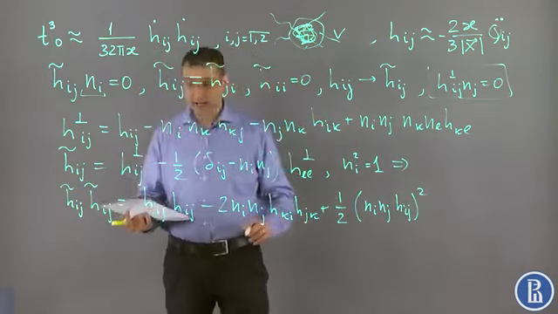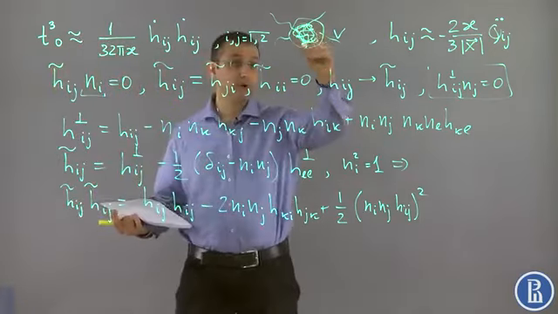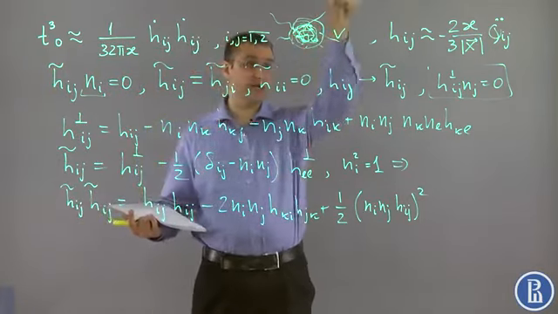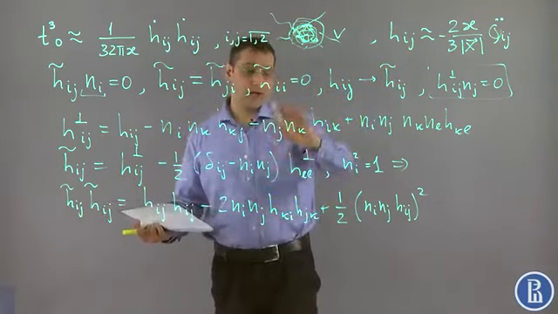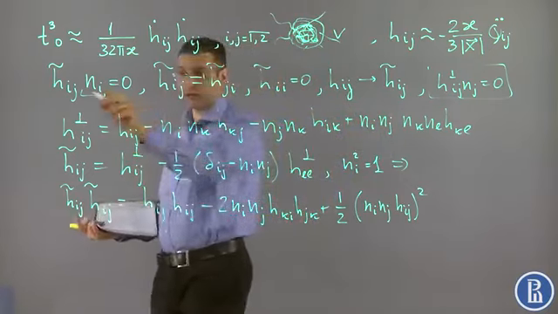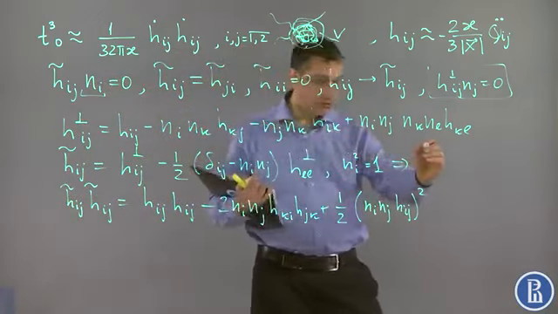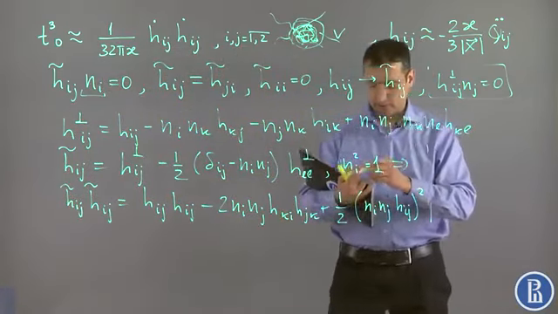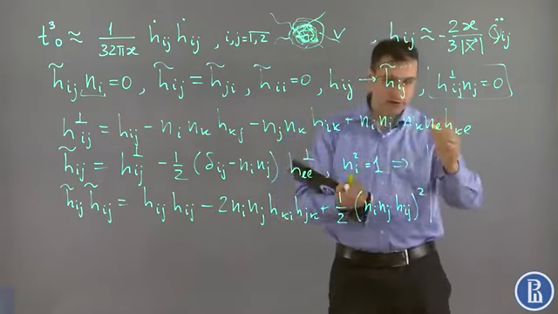Now we want to take the average. If there is random motion, the radiation more or less goes in all directions homogeneously, and we have to average over all possible directions of this unit vector ni. The definition of the averaging is as follows.